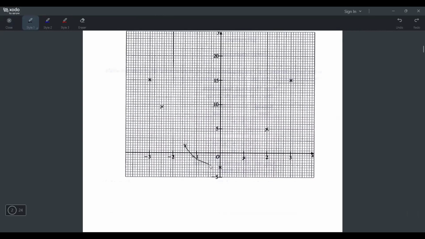So that is the minimum point. Slowly. So make sure your graph is smooth. Okay, this part I'll draw it now. So just join them. Here also I will join.